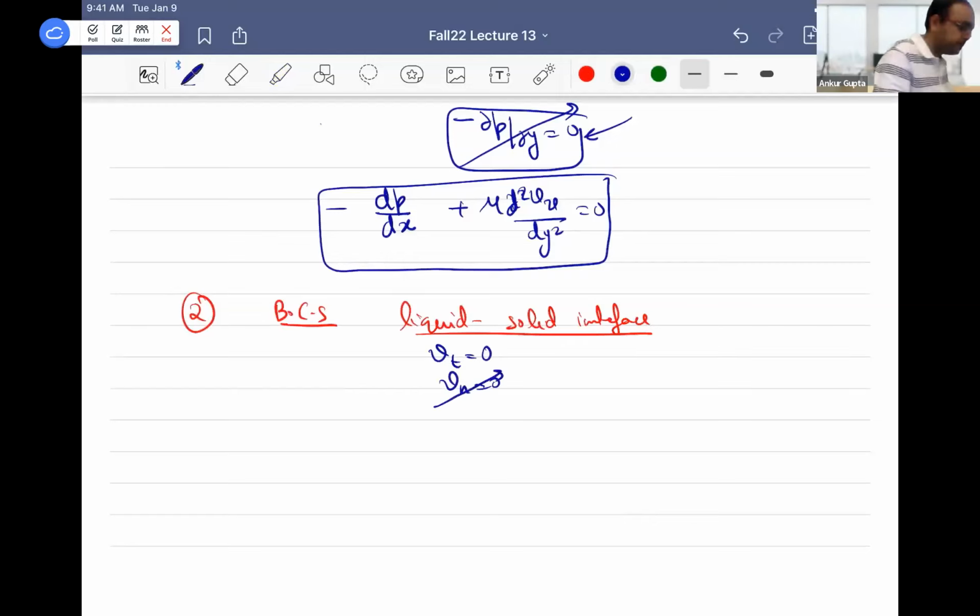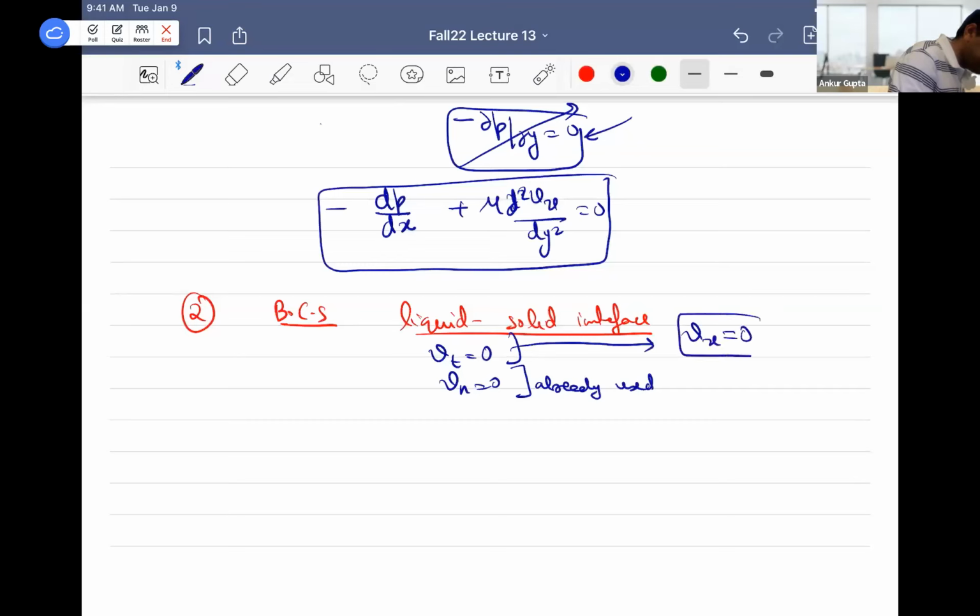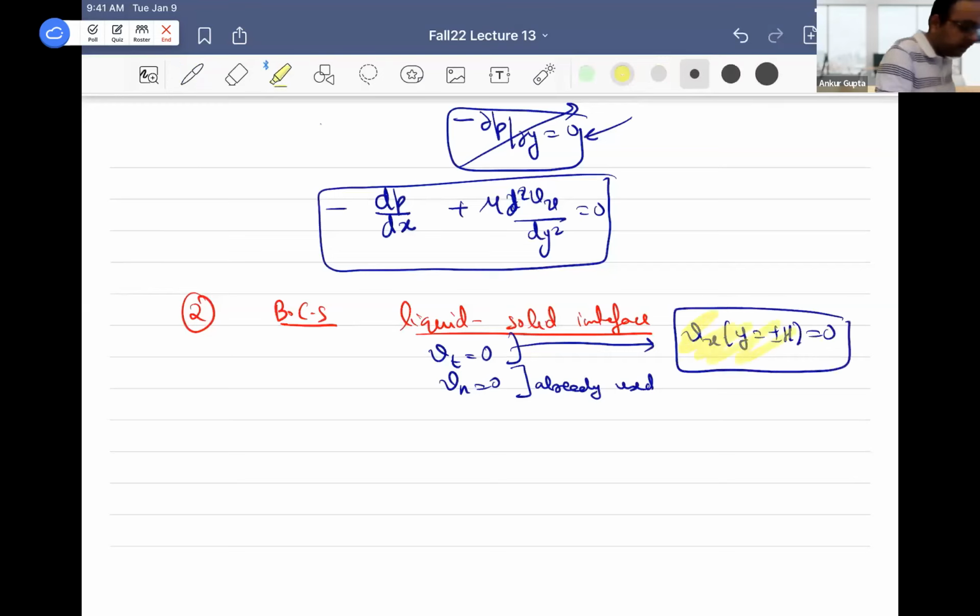We have already used this. So I'll focus on this: Vx is equal to 0. This is the parallel direction. Vx is equal to 0 at the interface, and the interfaces are at y equal to plus minus h.